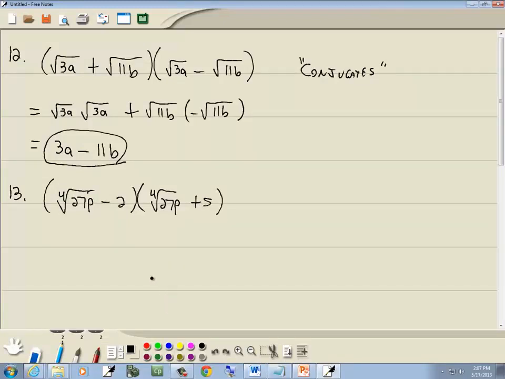Well, obviously these aren't conjugates. They both start with the fourth root of 27p, but this has a 2 and this has a 5 for our last parts. So we just have to multiply like we did before. We'll take this radical here times the fourth root of 27p and times 5. And we'll take this negative 2 times the fourth root of 27p and times the 5.